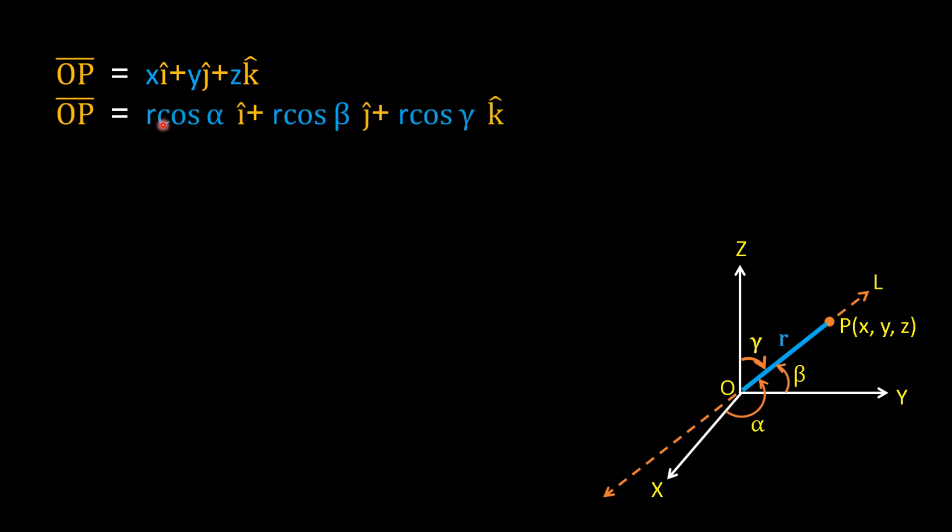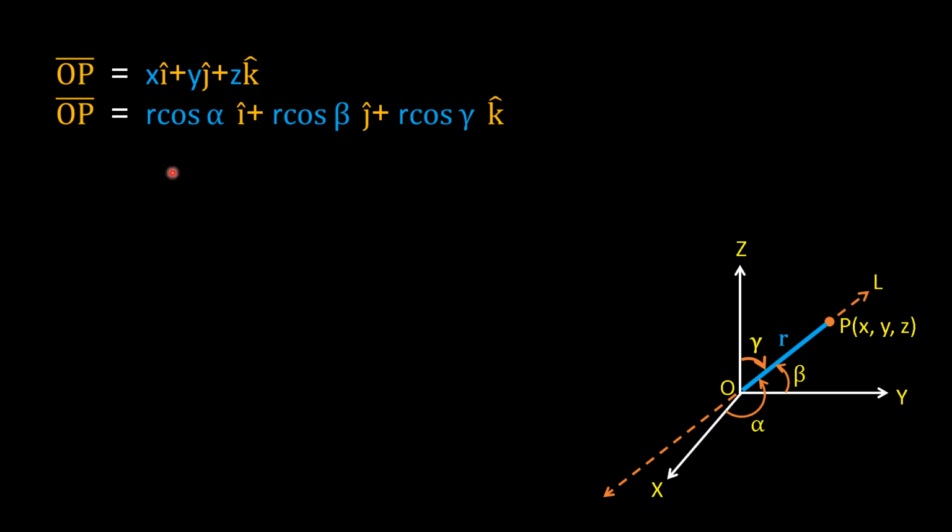We got OP bar equals x i cap plus y j cap plus z k cap, which will be R cos alpha i cap, because x is R cos alpha, plus R cos beta j cap, because y is R cos beta, plus R cos gamma k cap, because z is R cos gamma.